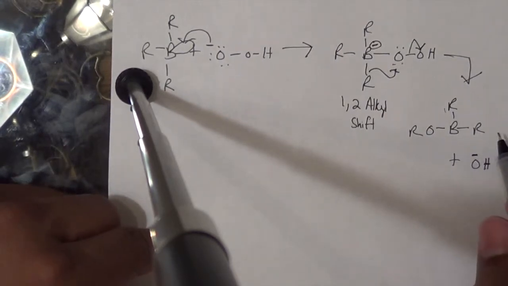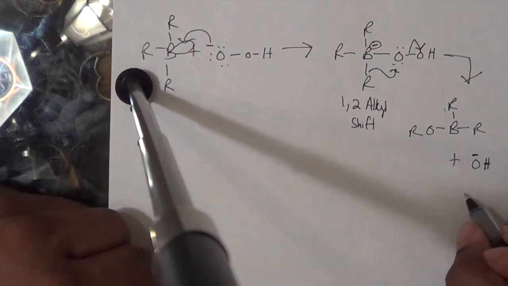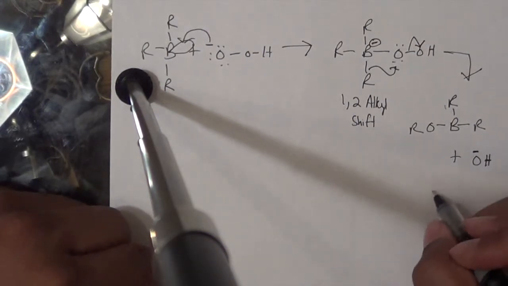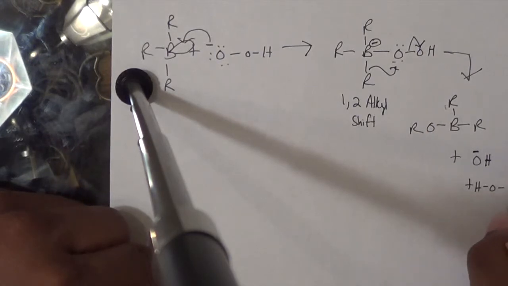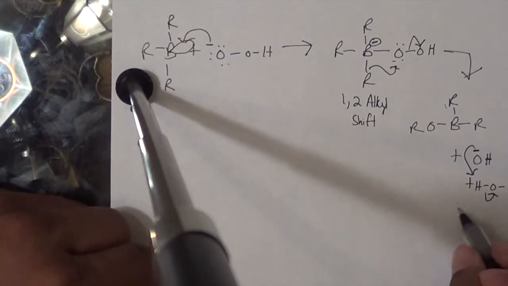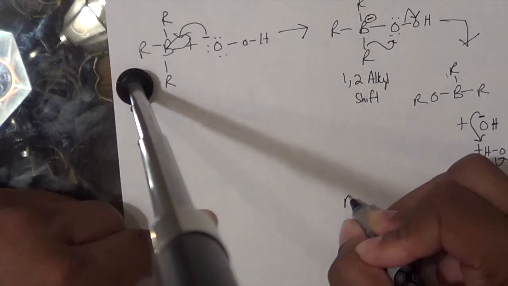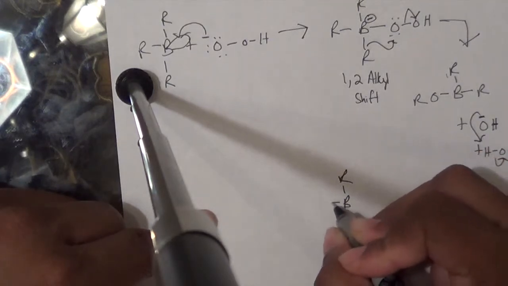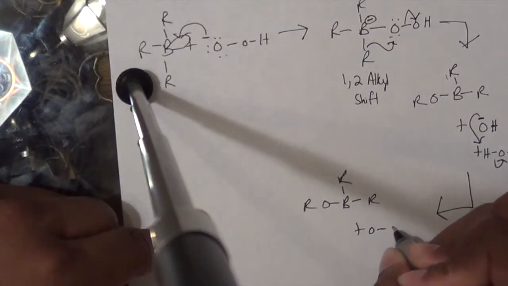So we get the hydroxide, which can go back and produce another peroxy anion. We pluck that off there, which gives us now BR, OR, and R plus OOH.